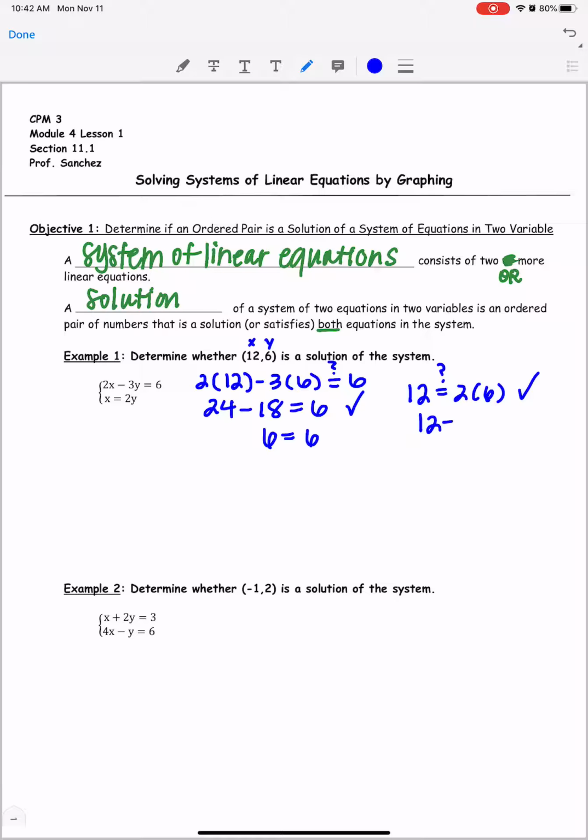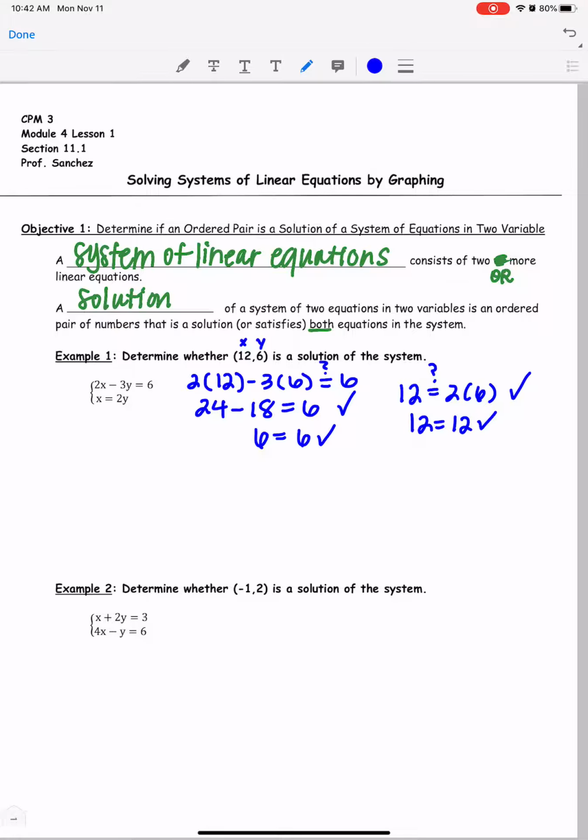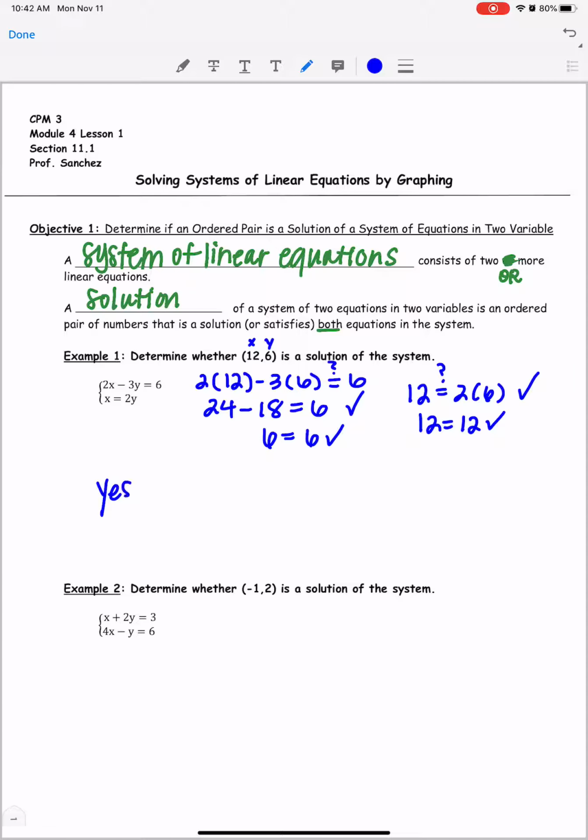Or you can bring it down to the next line and say 12 does equal 12. Either way, because it satisfies both equations, we can say that yes, (12, 6) is a solution.